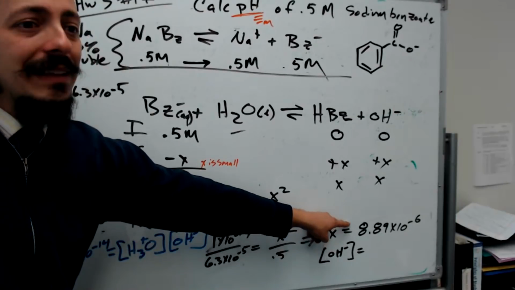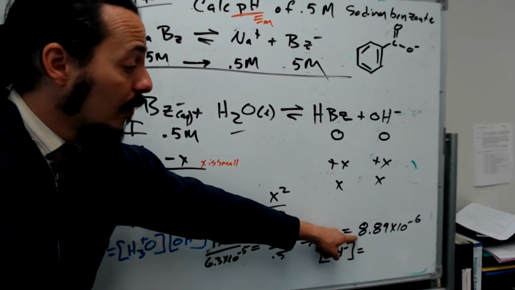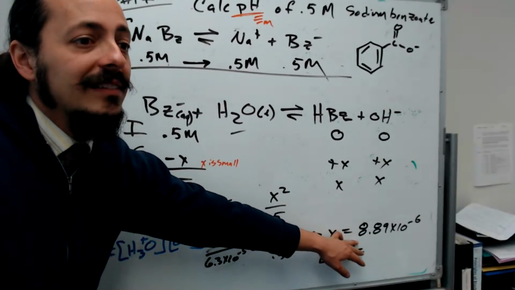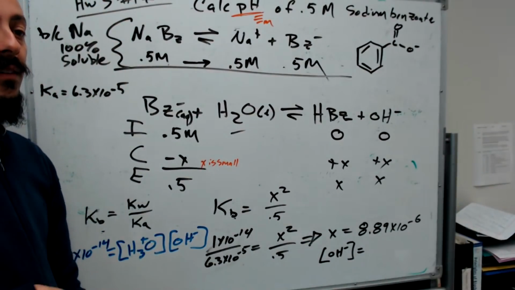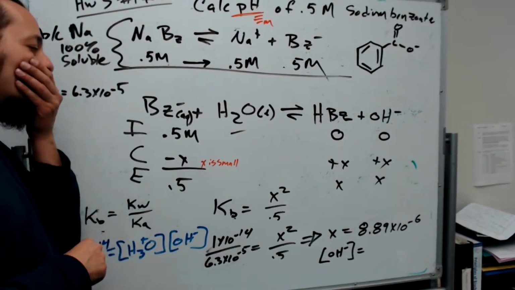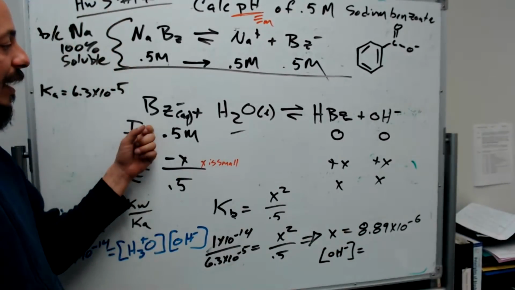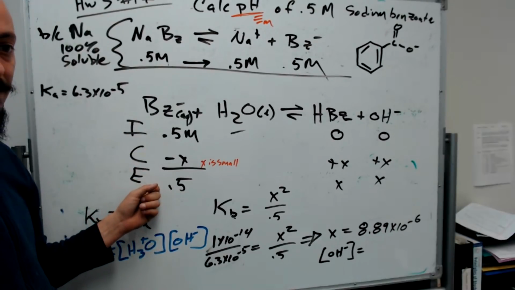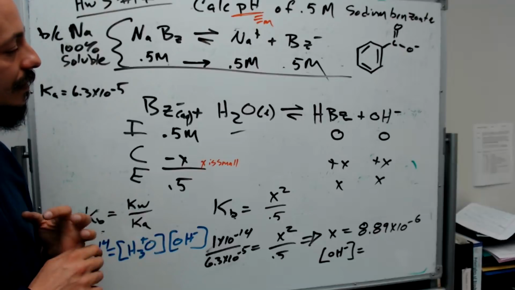Only some of it, and actually only a small amount, right? Only 8.9 times 10 to the minus 6 moles per liter is actually dissociating. The reason we've got so little is because we've got this higher concentration of benzoate anion sticking around. Yeah, that makes sense.